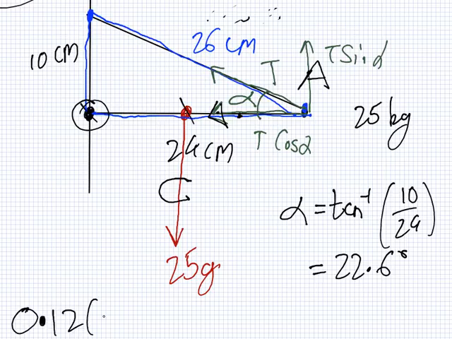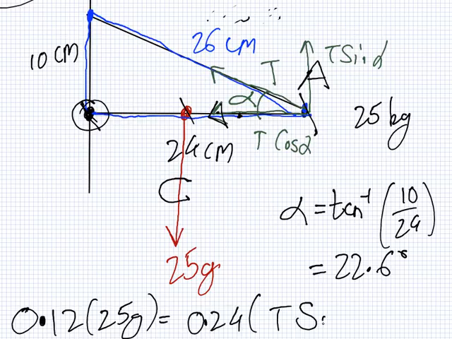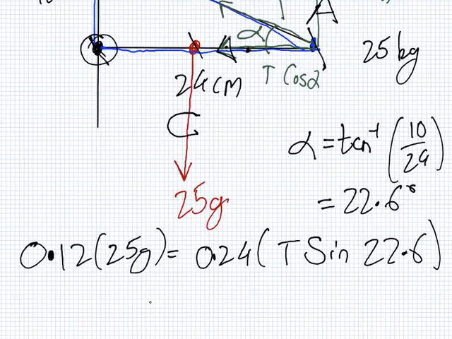And the force? 25 g. And that should equal T sin 22.6. Here to here, the distance? 0.24. And the force? T sin alpha. Can you get the T? Yes. Easily. What did you get? I don't have a calculator. You put the unit and now 319.1. So 319 then.